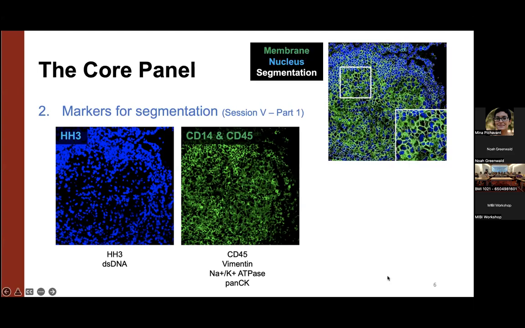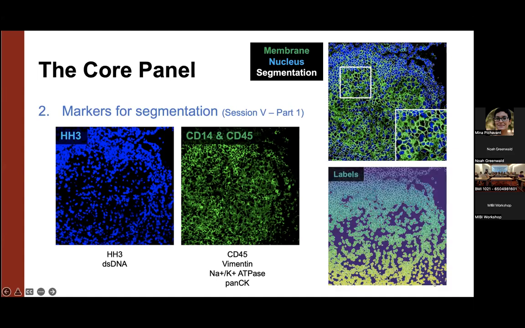And once you have these two channels, they will go into the segmentation pipeline to be able to produce a segmentation mask of the borders that you see here in white. And then finally, that would produce our labels that we can use for single cell analyses down the road.